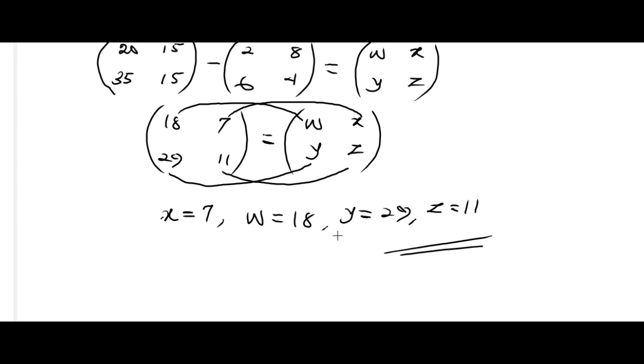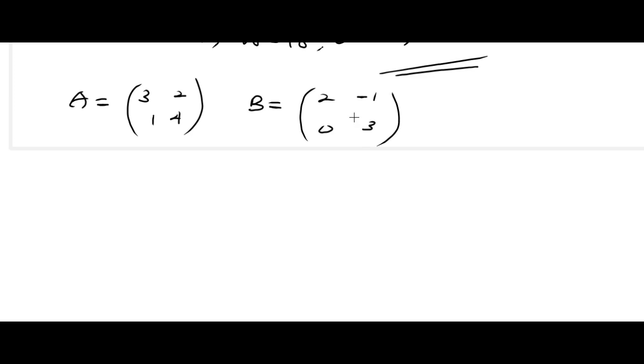So let's see how to multiply two matrices together. How do we multiply two matrices together? Let's say we have matrix A to be 3, 2, 1, 4, and matrix B to be 2, negative 1, 0, 3.